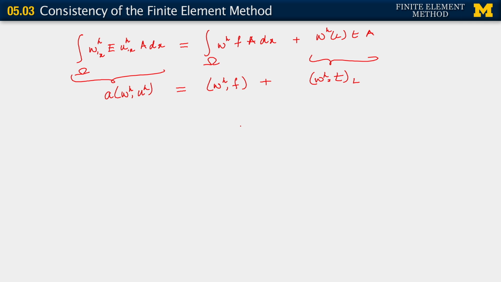So we have these two weak forms in abstract notation.